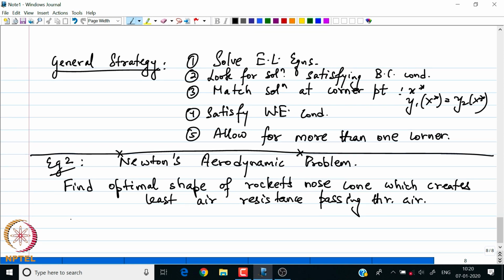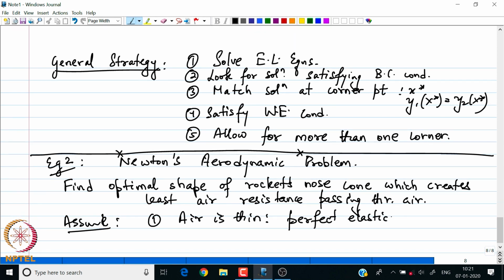So, assumptions in this problem. We have a couple of assumptions. First, air is thin, which means that we have perfectly elastic particles. We will see what is the implication of these assumptions.